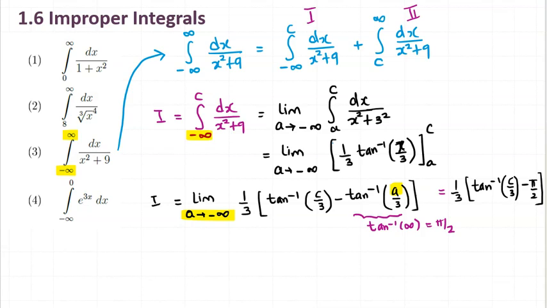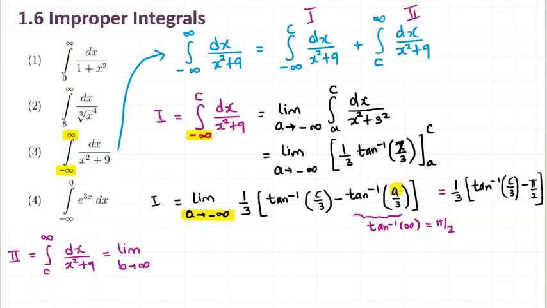In the same way, we evaluate the second integral, which is from c to infinity dx over x square plus 9. Again, rewriting it as limit b goes to infinity. Note that we have to use a different variable.